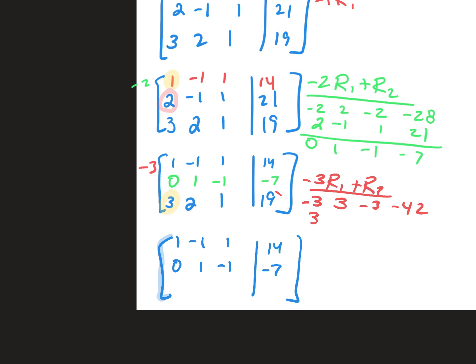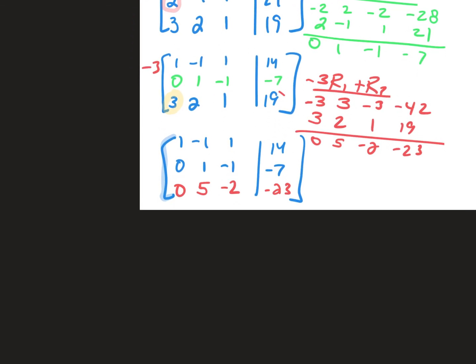And then my third row is 3, 2, 1, 19. Okay, so -3, positive 3? 0. 3 plus 2 is 5. -3 and 1 is -2, and -42 and 19? -23. Okay, so I have 0, 5, -2, -23. Good.